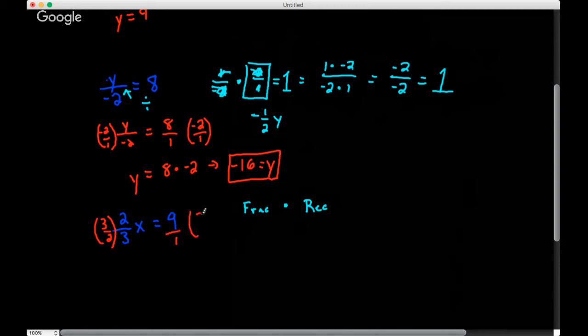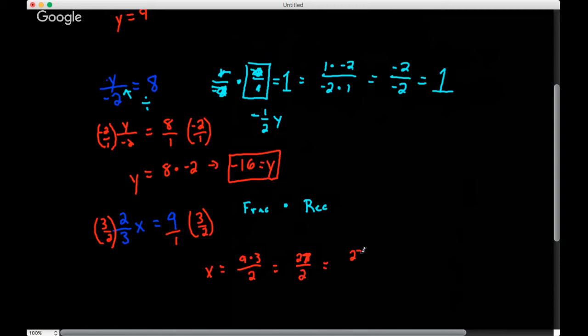9 over 1 times 3 over 2, and you would be left with x equals 9 times 3 over 2, which is going to equal 27 over 2, okay?